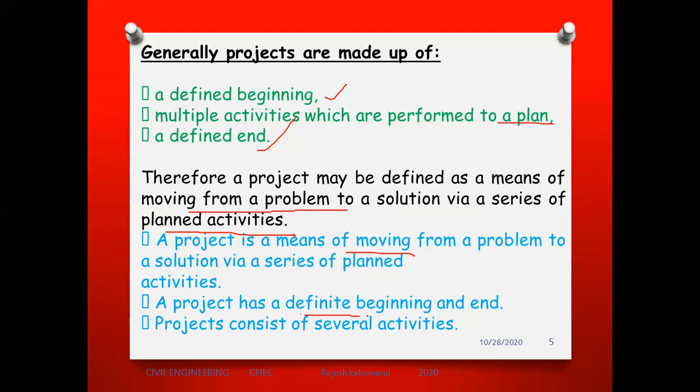For any project, the individual should be well traced and well planned. A project has a definite beginning and a definite ending. Projects consist of several activities, right? For example, if you are conducting a college day event in a college, then in that event you have a number of activities. Like that, this project also consists of a number of activities.